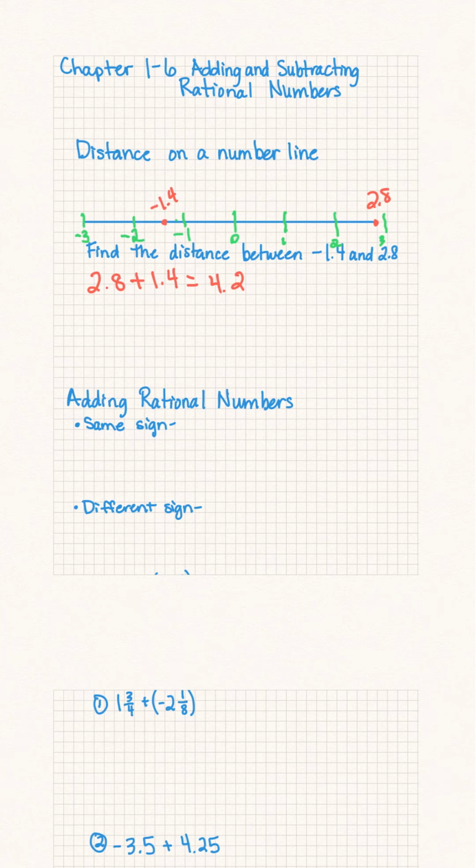If you see it written, it would be that you had 2.8, and we're going to try to find the difference, so subtract negative 1.4. Well, I think of it this way: if you have a subtraction sign and a negative sign put together like that, they attract each other and turn into a plus sign.